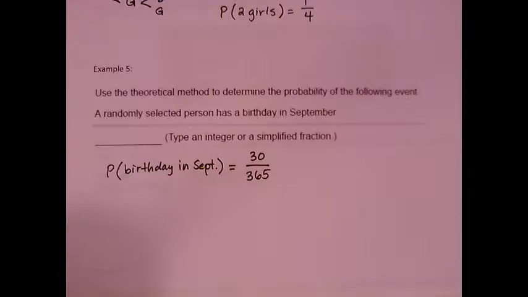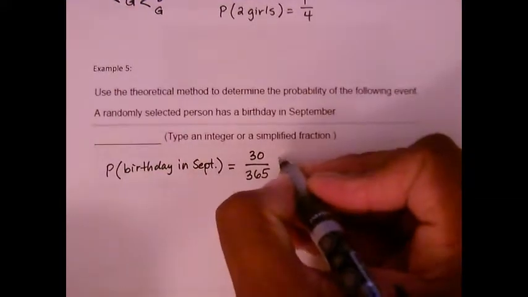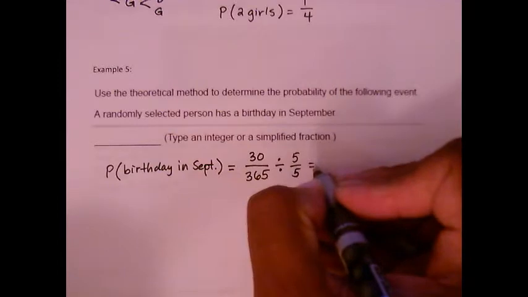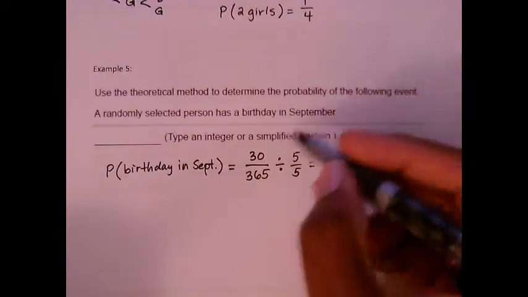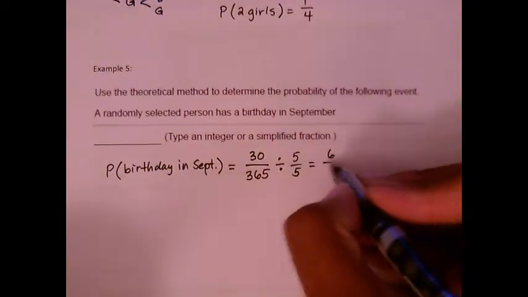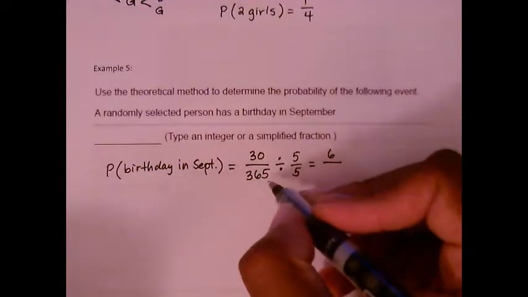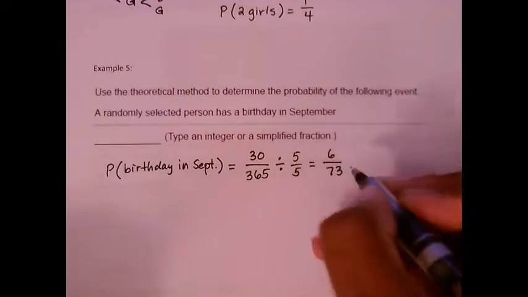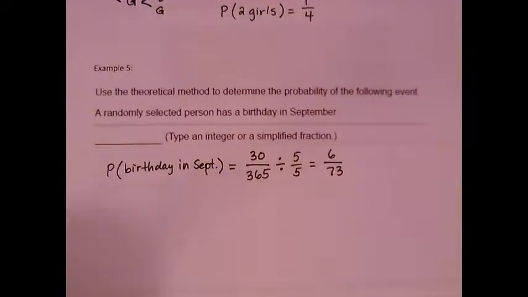Now, of course, we have to give this as a simplified fraction, meaning we need it reduced to its simplest form. So I'm going to divide the numerator and the denominator by 5. So if I do 30 divided by 5, that's going to be 6 over 365 divided by 5, that will be 73.